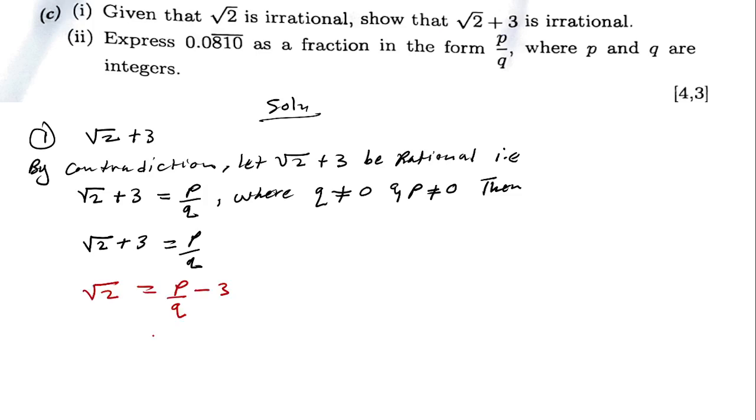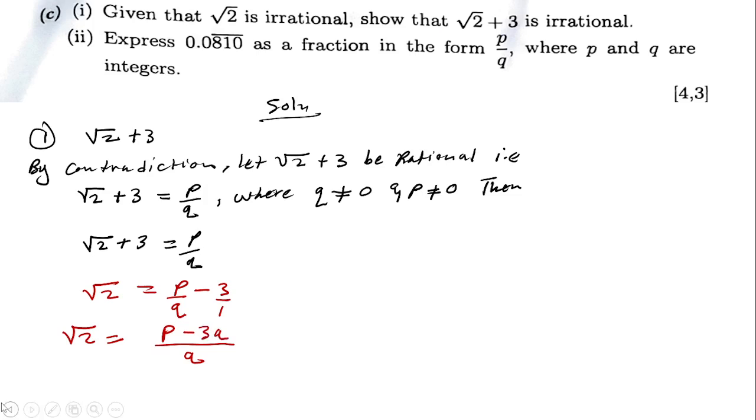After we do that, your next step is to solve these as math. So square root 2 is equal to, common denominator is Q. Q into Q is 1, 1 times P is P, over 1. 1 into Q is Q, Q times negative 3 is negative 3Q.